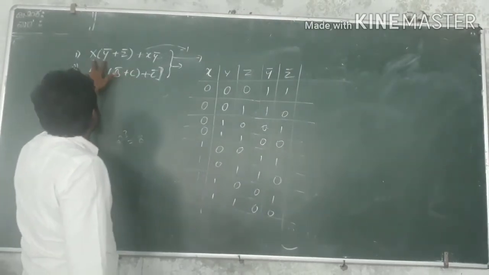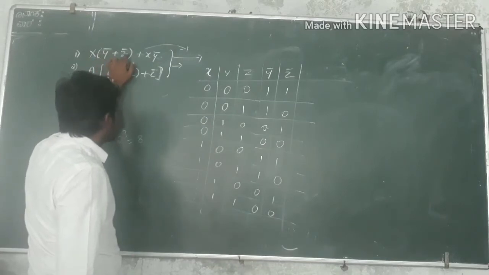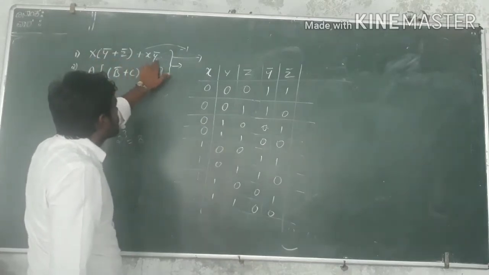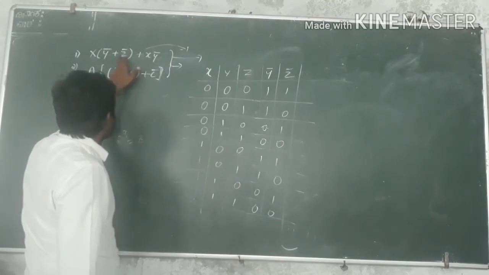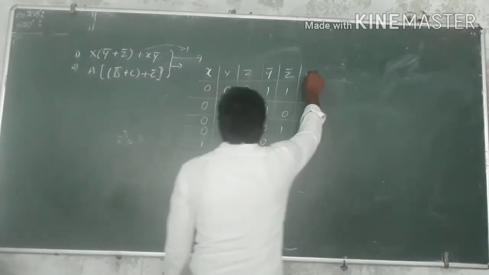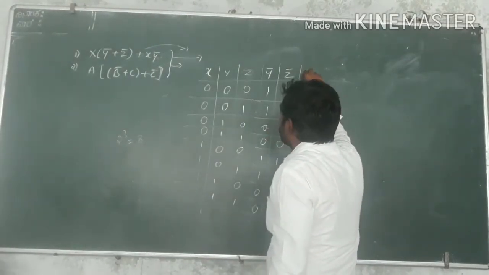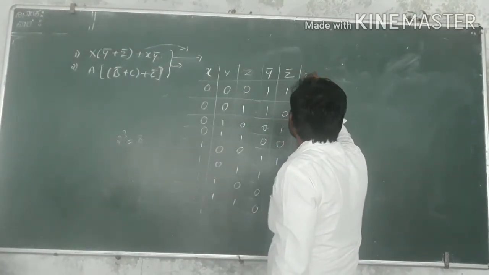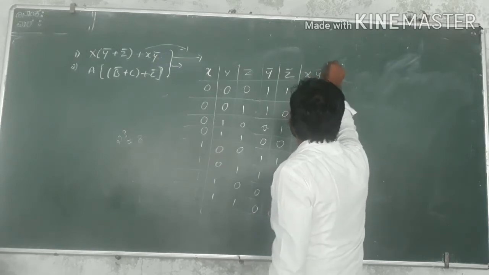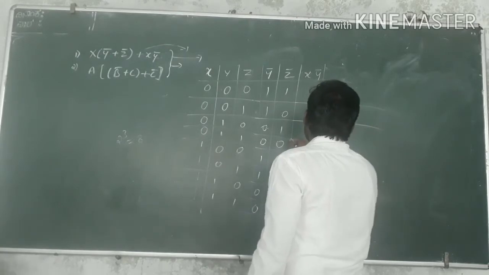Next we have a compound equation, that is y complement plus z complement and x into y complement we have here. Either you can go for this one, either you can go for this one. No problem, just we will go for first finding the value of x into y complement.